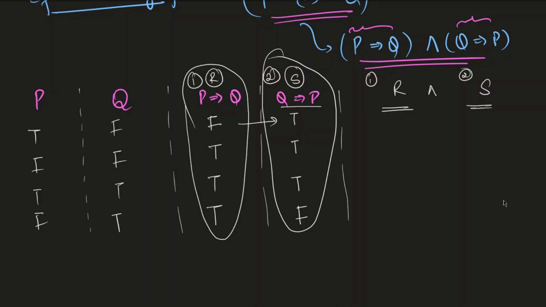So in each case, false and true will just be false. True and true will be true. True and true will be true. And true and false will be false. So that is your truth table for a double implication.